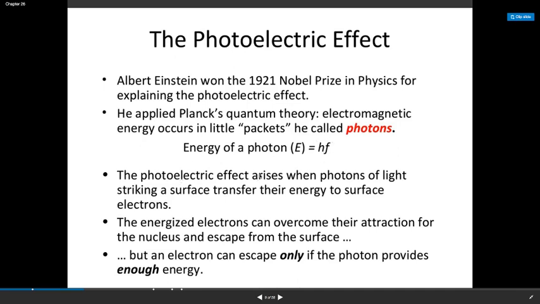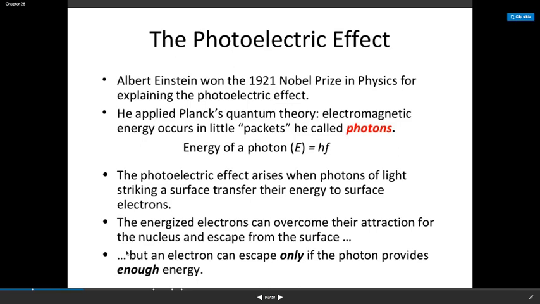The photoelectric effect arises when photons of light strike the surface and transfer energy to electrons. The energized electrons can overcome their attraction to the nucleus and can escape the surface, but only if the photon provides enough energy.